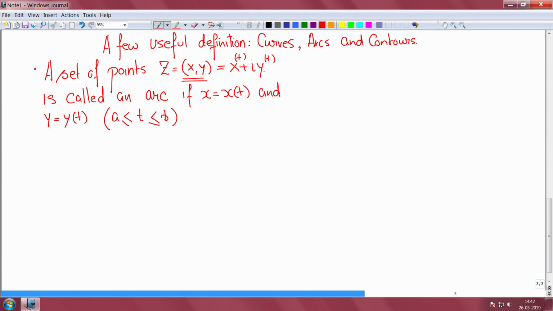Now, x is equal to x of t and y is equal to y of t are continuous functions of t.